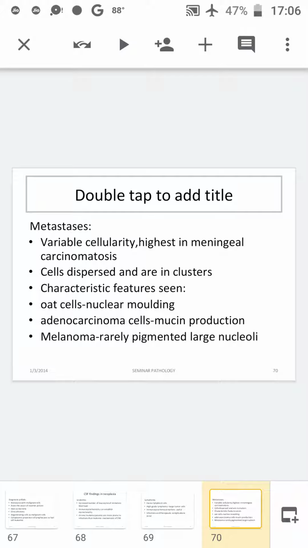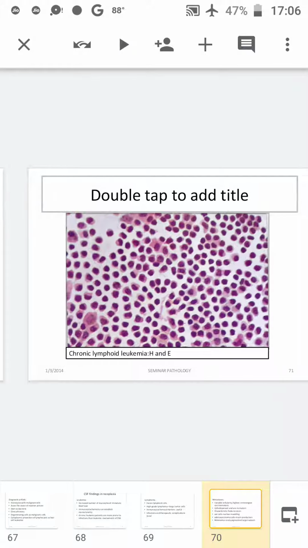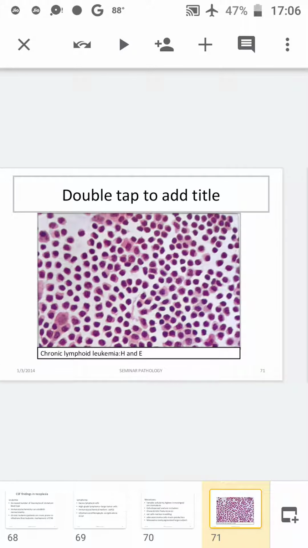These are the features seen in malignant tumors, metastasis from the primary site. Here, this is a CSF sample in which you are seeing a large number of blast type cells. So it is leukemia.